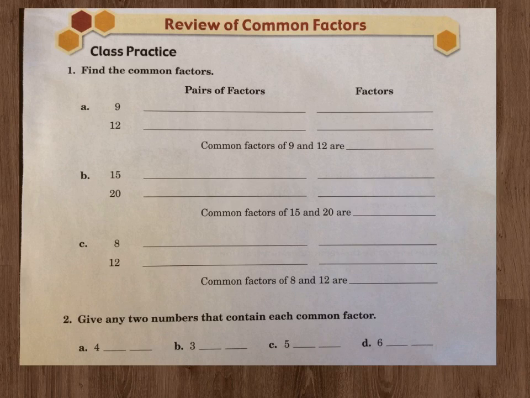We'll go ahead and look at our class practice. We're working on common factors. 1a. The directions told us to find the common factors. 1a, we have the number 9, and they're asking for pairs of factors for 9. The first and easiest is always 1 times the number, 1 times 9.